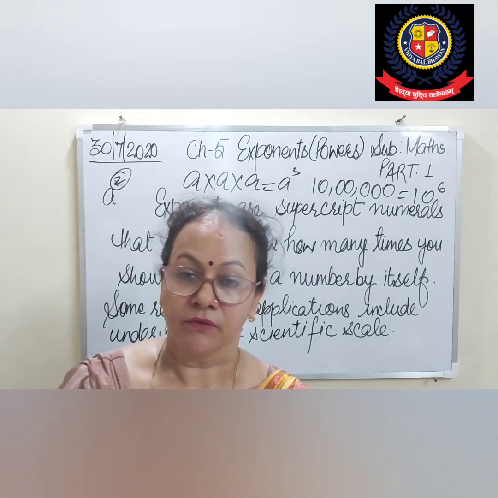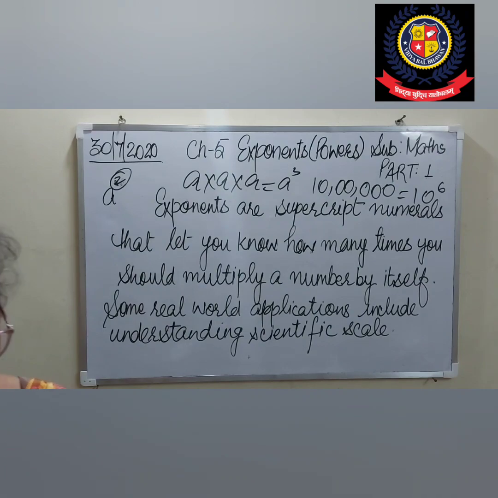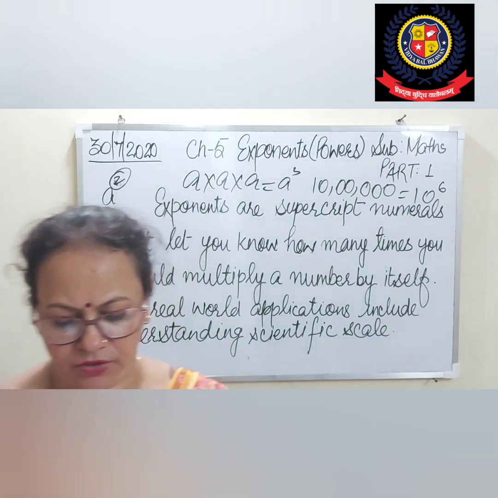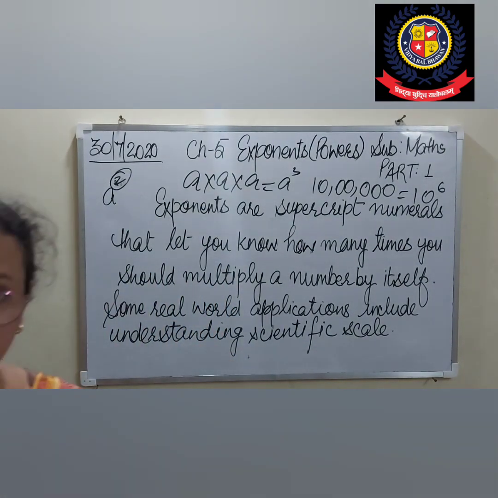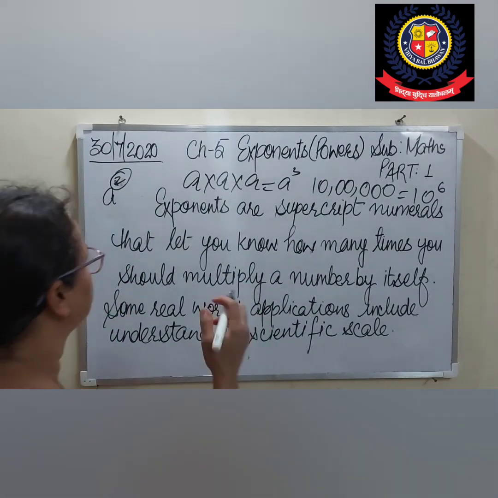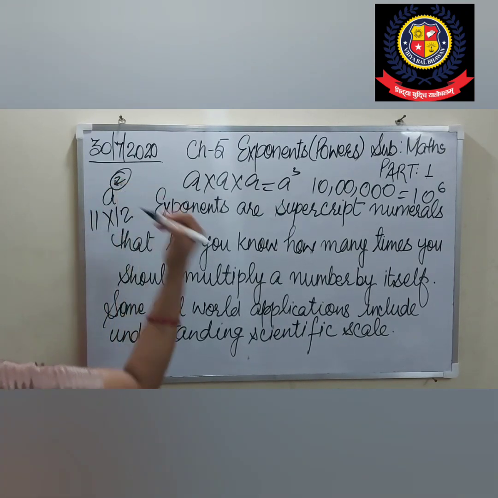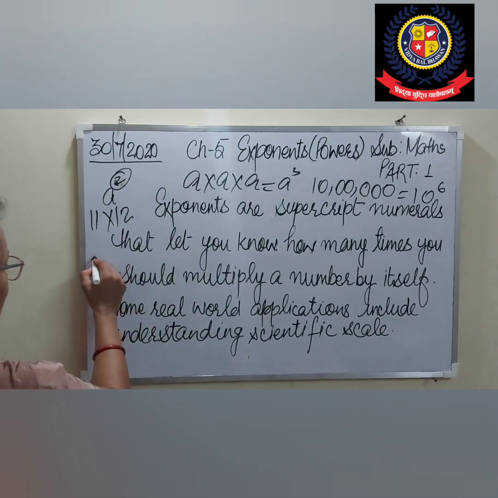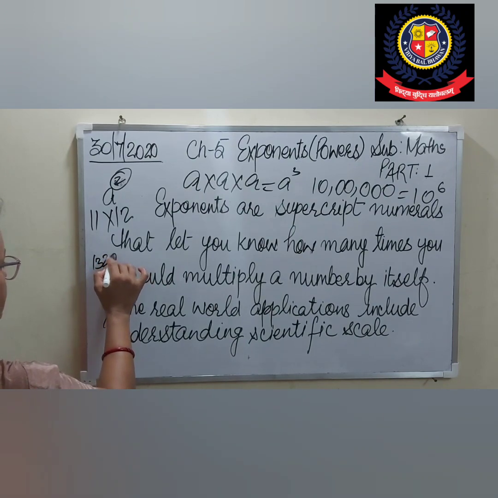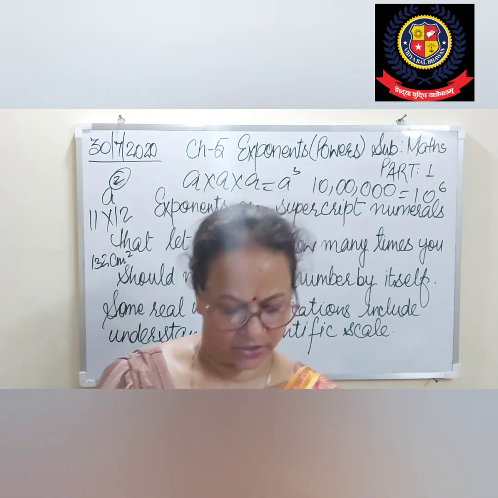Area: when we are measuring the area of a space in 2 dimensions, we always measure in square units. If I am assuming my room length is 11 by 12 and I want to find its area, I will write 132 centimeters square, right? This is also an exponent.